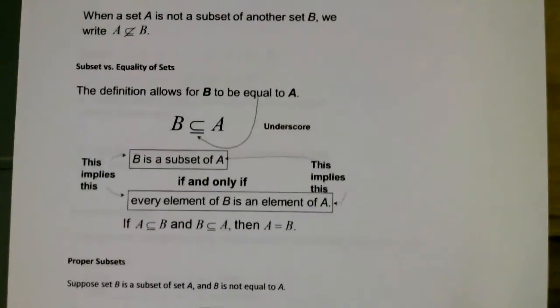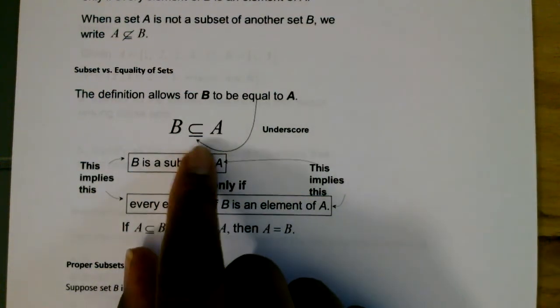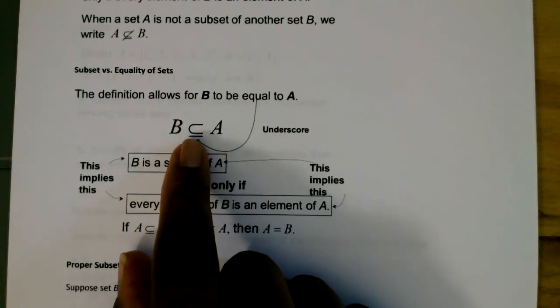Now, what's the difference between subsets and equality of sets? Here, the definition allows for B to be equal to A, and that's where you have this underscore underneath that symbol.